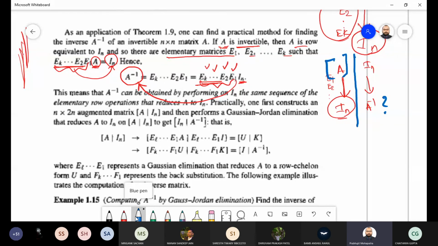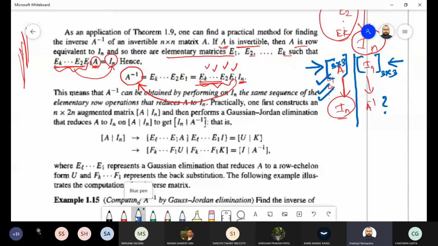What are both sides? First, we are given this matrix A, we do those operations. Similarly, we can take one identity matrix of the same size. If this is 3 by 3, then we take the identity matrix of 3 by 3. That is obvious.